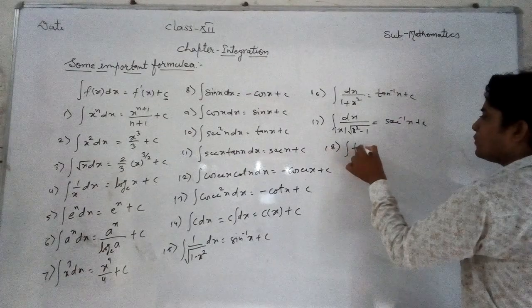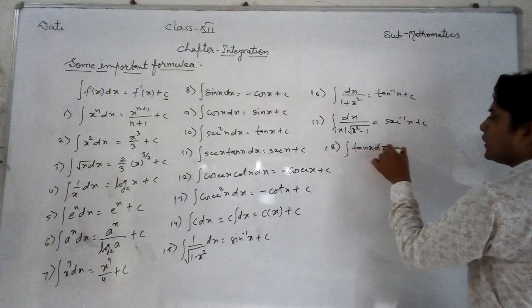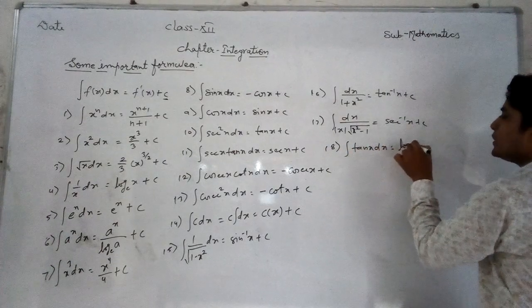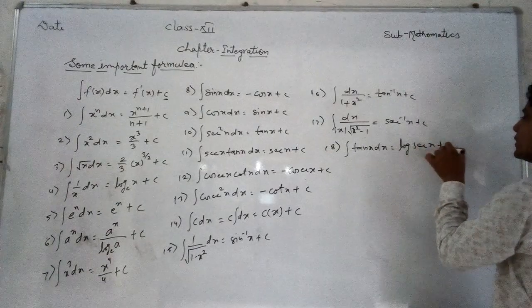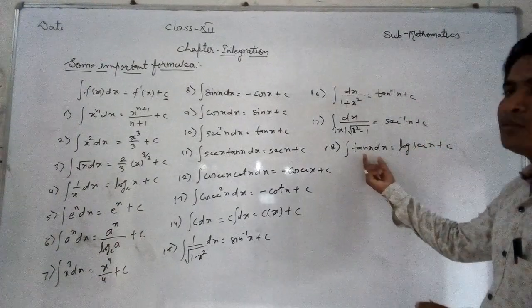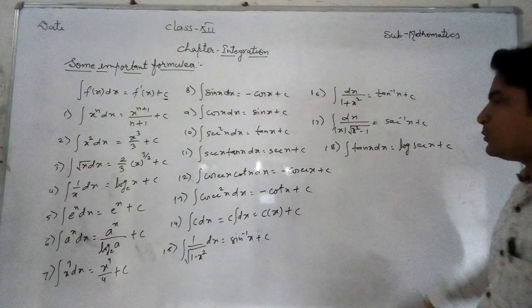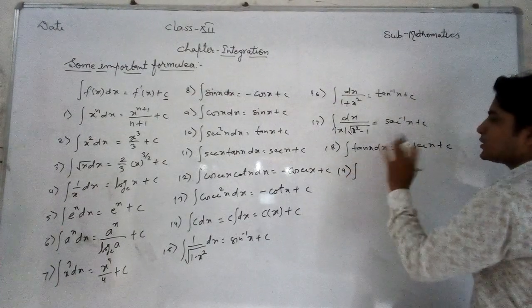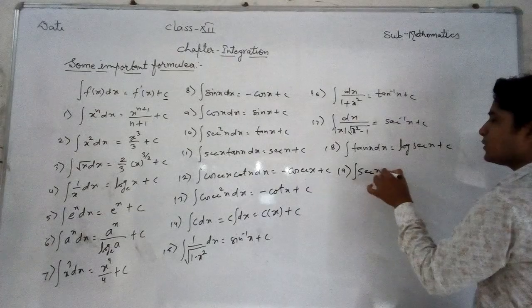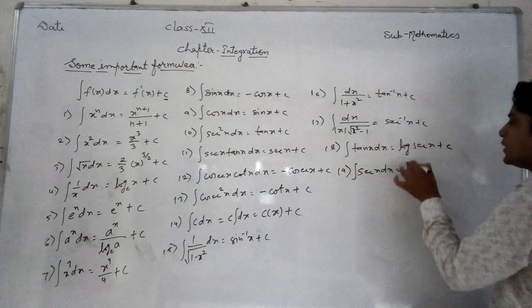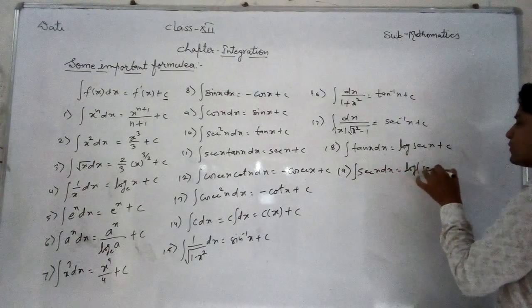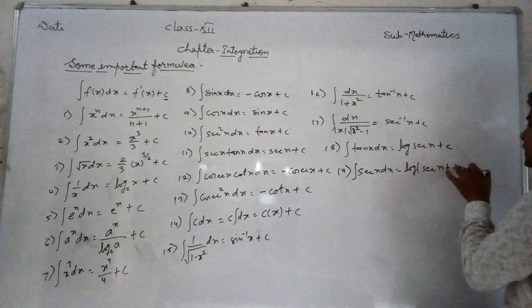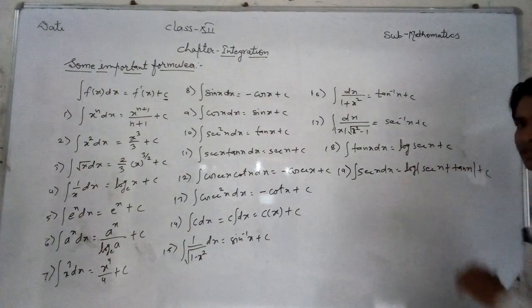Suppose we want the integral of tan x: that is log of sec x, found through the substitution method. That's number 19. The integral of sec x is log of sec x plus tan x plus c.